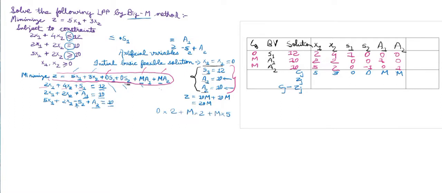So for the first column, it is found like this. Then for the second column, same way, 0 into 4 plus M into 2 plus M into 2. Likewise for all the columns. Then we'll subtract this, so we'll get the Cj minus Zj values.